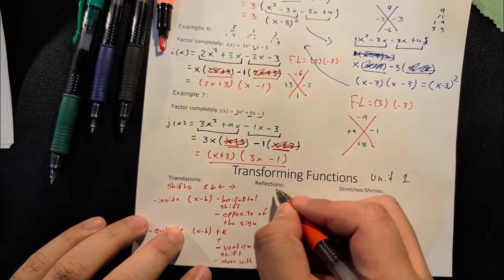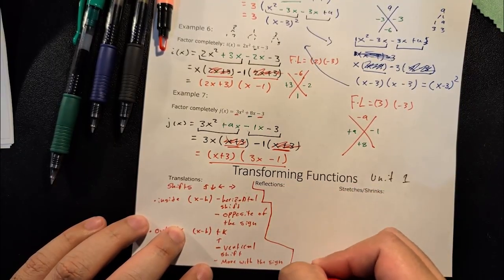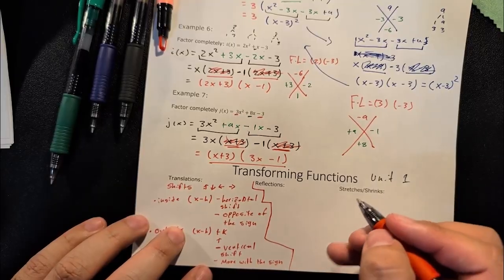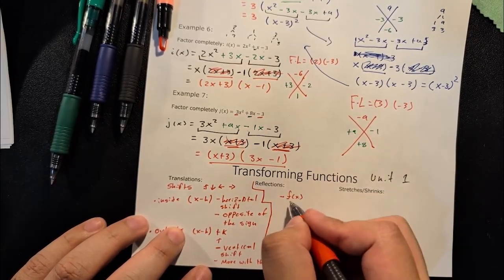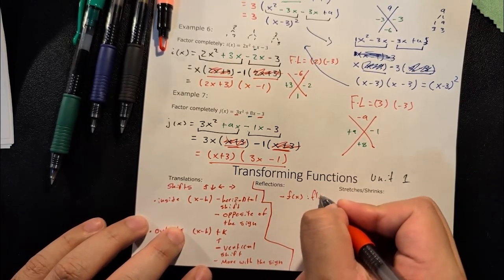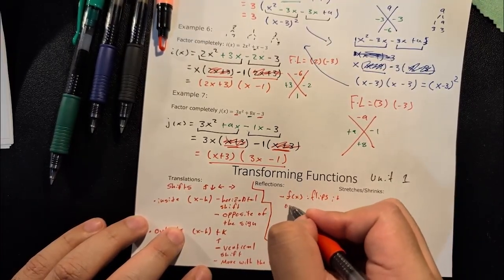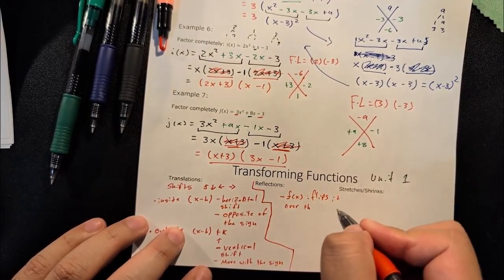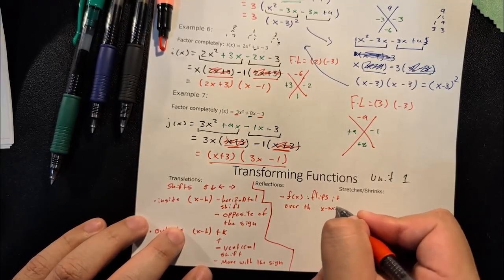Okay, so reflections. Let's see. I don't have enough room for this. Reflections, a negative f of x. So if we have a negative in front of our function, it flips it over the x-axis, right?